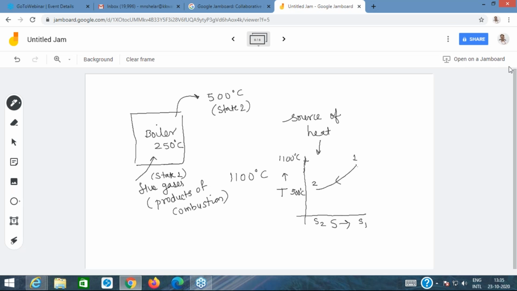I hope the question is clear to you. Let me ask you the question. Can I show the heat which is being transferred by the flue gases on the temperature entropy diagram? And how? If yes, how? If no, why not?